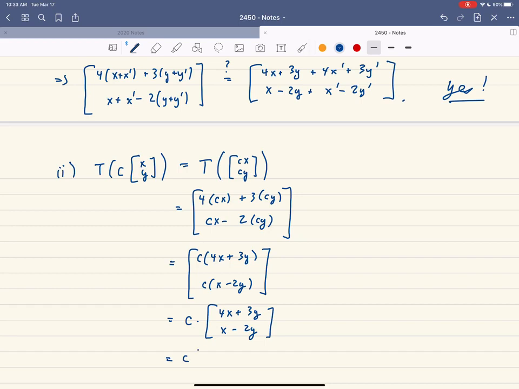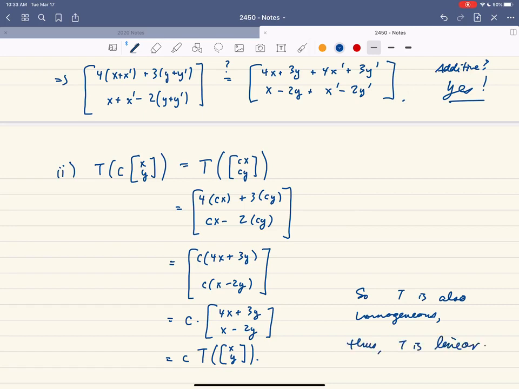And that's, of course, c times T of (x, y). So T is homogeneous as well. And since this is additive and homogeneous, we can conclude that T is linear. So that's how that works.